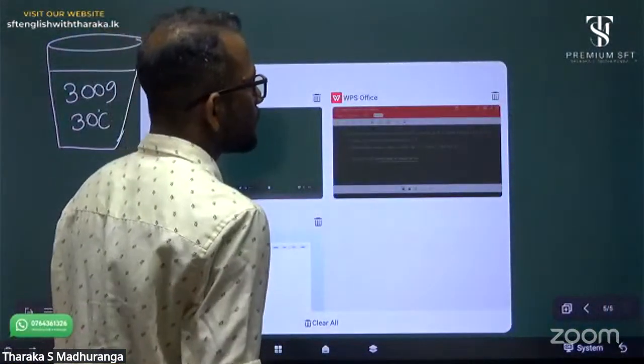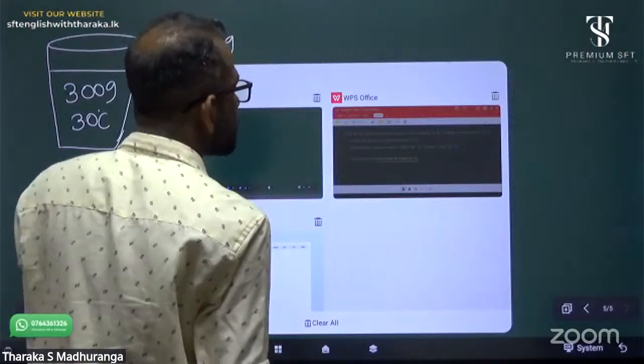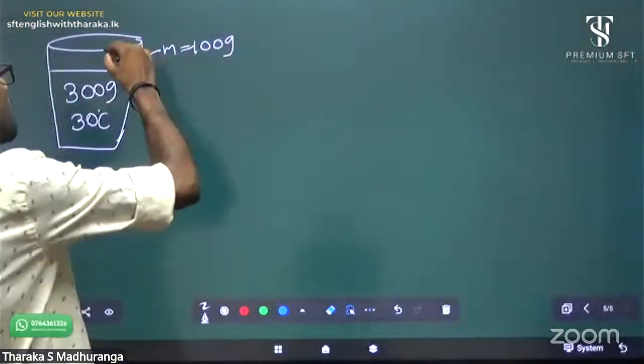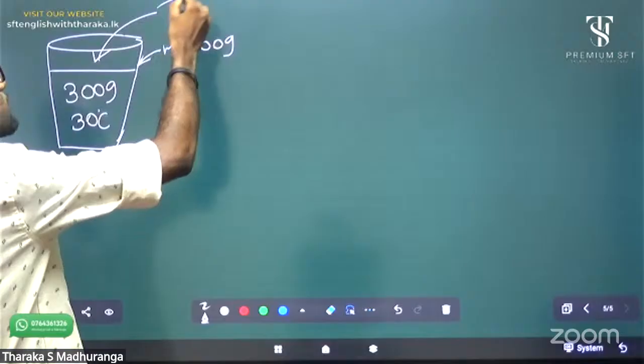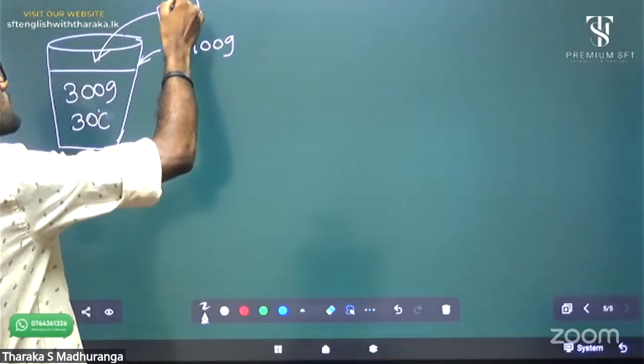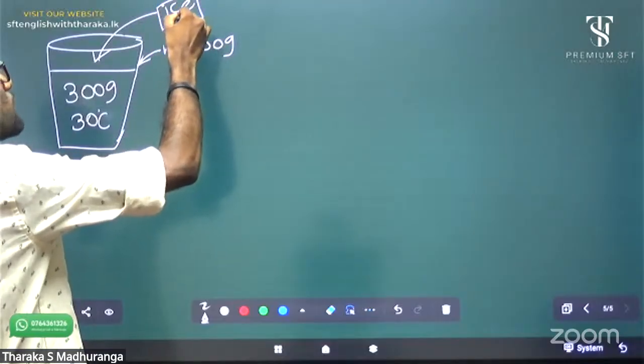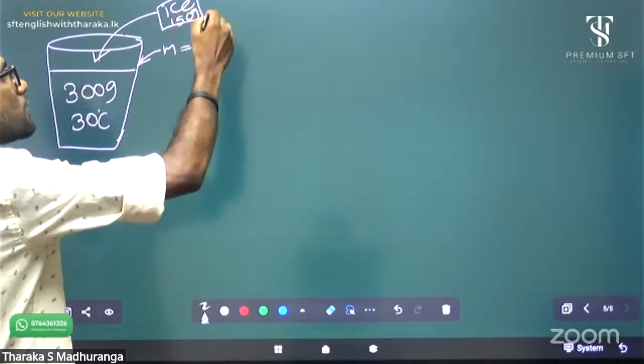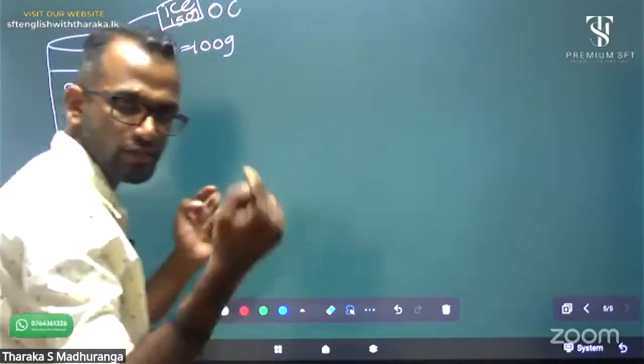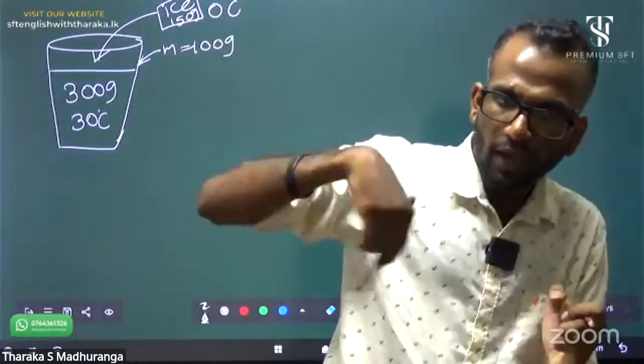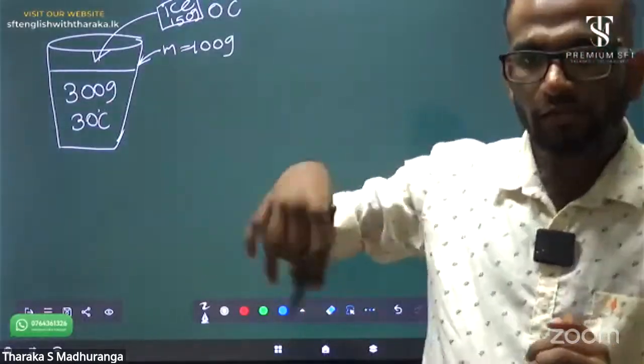Right. Now 150 gram of ice at 0 Celsius, at melting point, is added into this water bath and stirred.